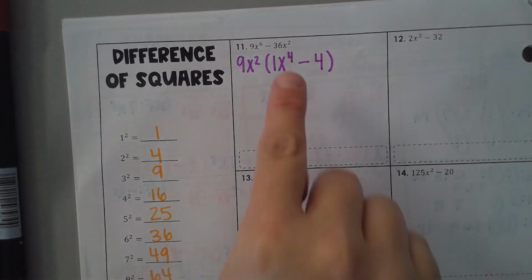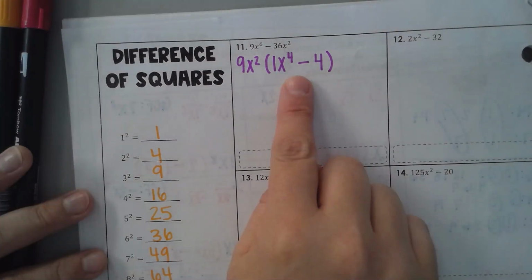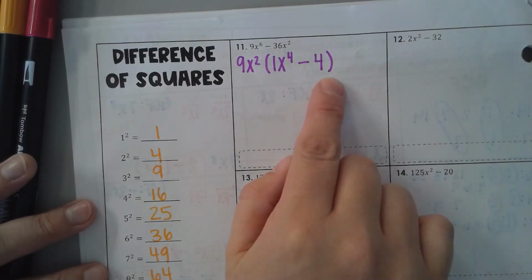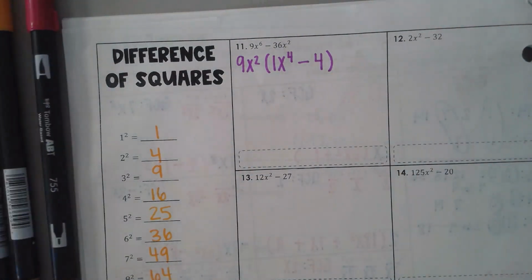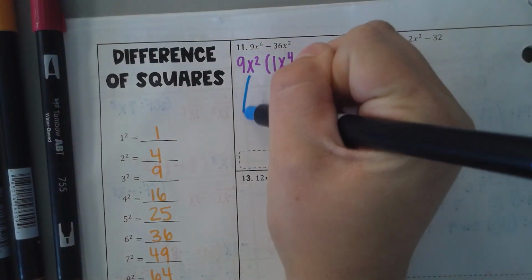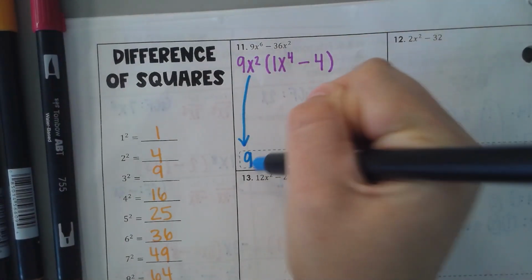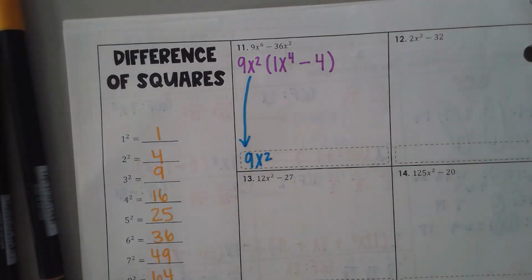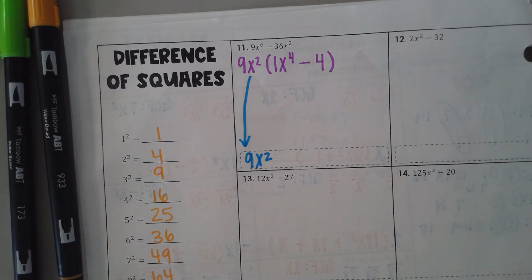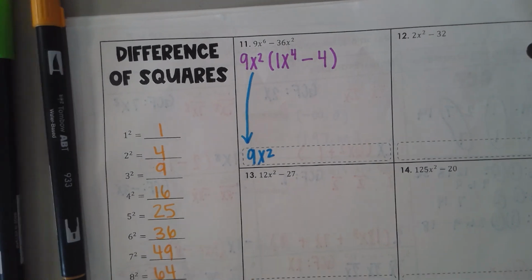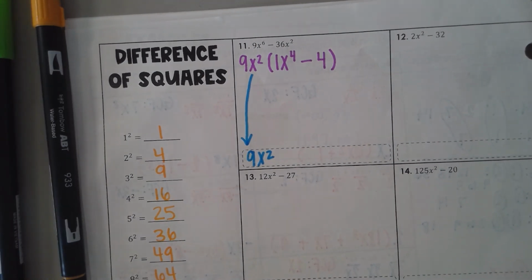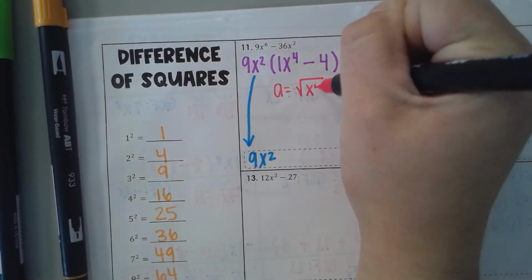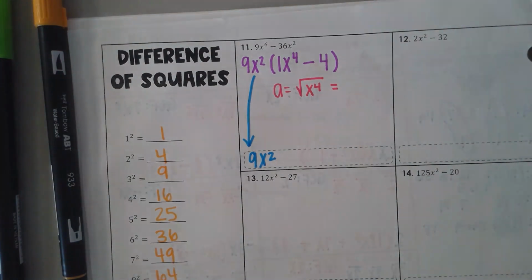So when I go to do my difference of squares, I'm picking my a and b based on what's left. My 9x squared, that was my GCF, has to come down and be part of the answer. So my a, I'm going to take the square root of x to the 4th, which is what?